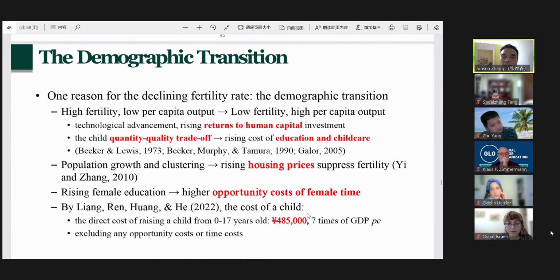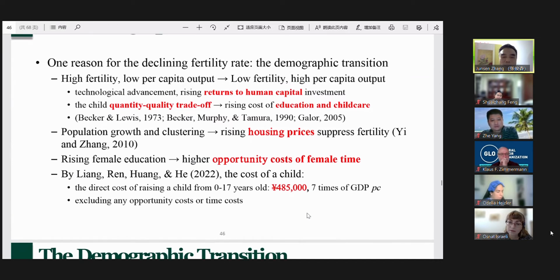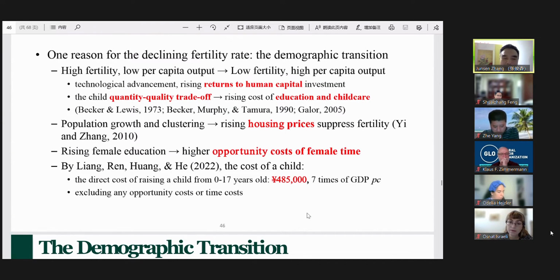Another economic reason which might affect fertility is rising housing prices. My earlier work with Ye has shown that. Of course, the main reason in the literature is rising female education, which means a higher opportunity cost of female time for childbirth.